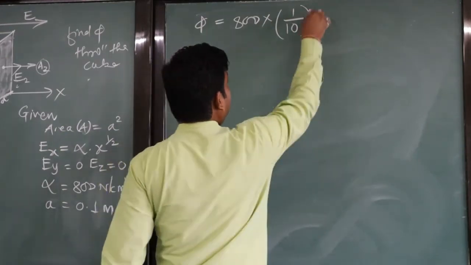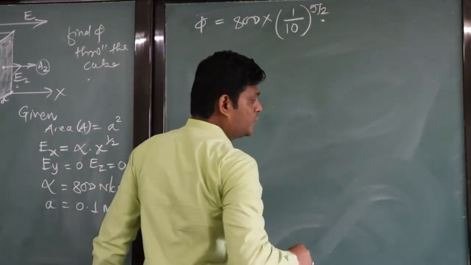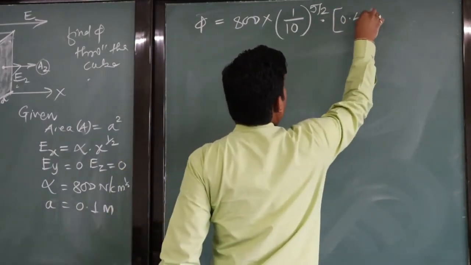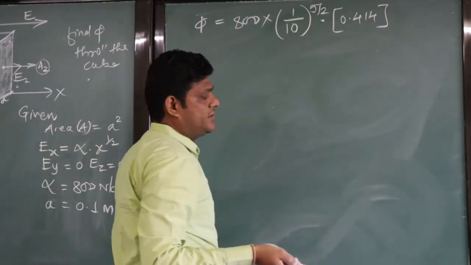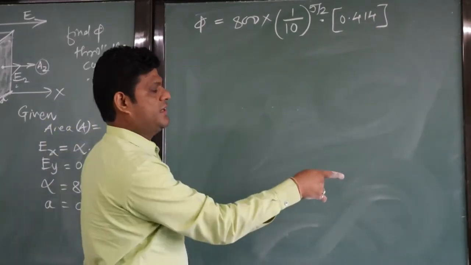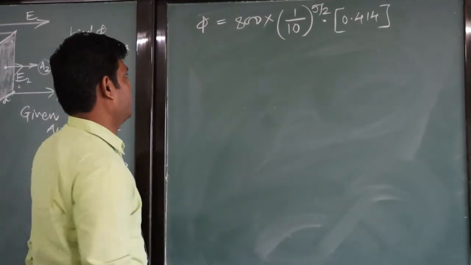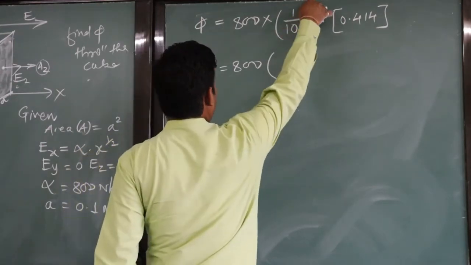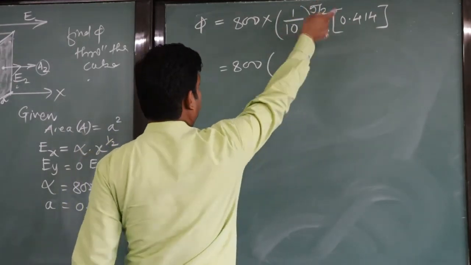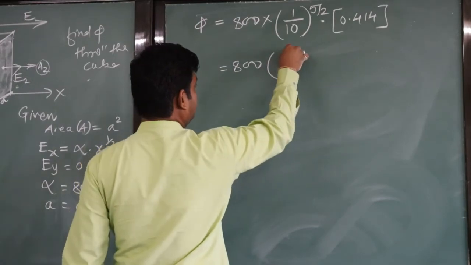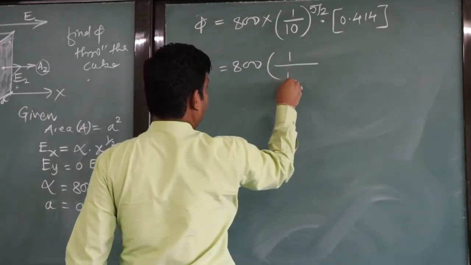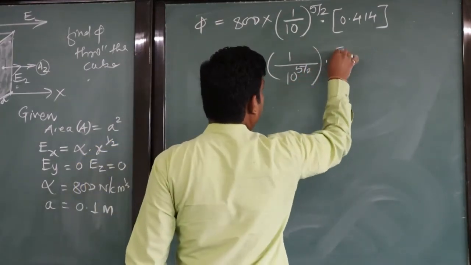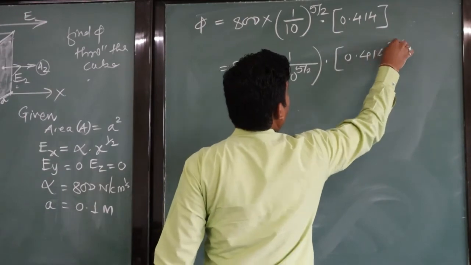We can write 1 by 10 raised to 5 by 2 into 1.414 minus 1, which we can write as 0.414. See, 1 raised to 5 by 2 and 10 raised to 5 by 2. 1 raised to 5 by 2 means only 1, and here we can write 10 raised to 5 by 2, correct? So, it becomes 0.414.